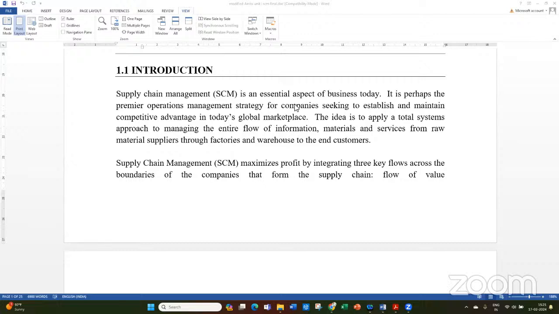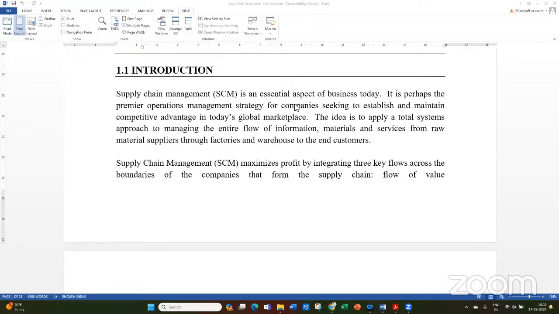Even Walmart is one supply chain, Reliance is one supply chain. Each individual organization is going to have its own supply chain where different goods and services are transported from one place to another, finally reaching customers. What are the stages involved before the product reaches the customer?